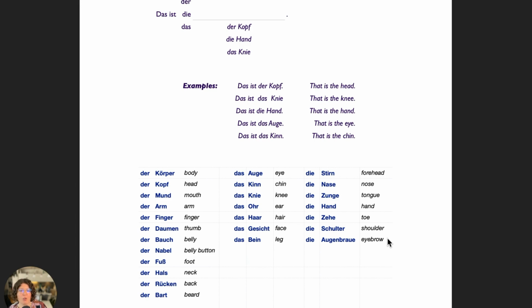Das ist die Augenbraue. Das ist der Daumen. Das ist der Fuß. Das ist das Knie. Das ist der Arm.